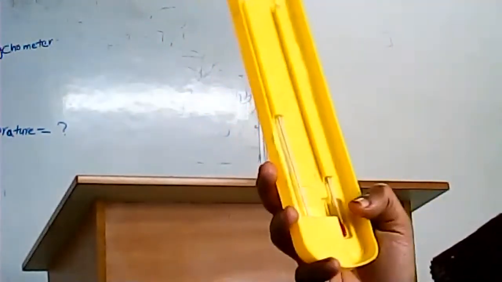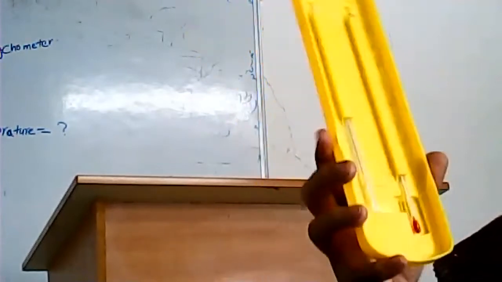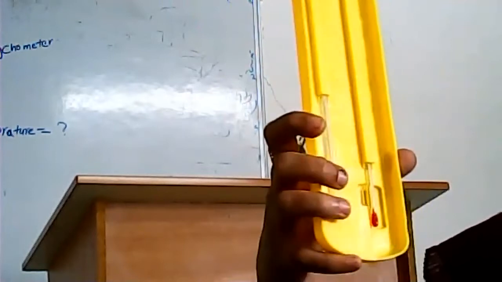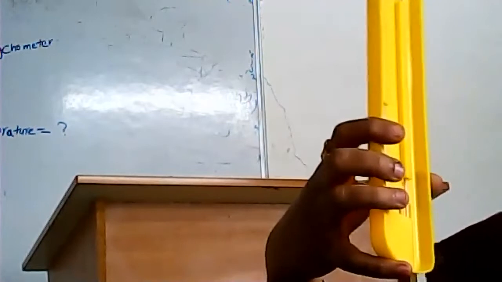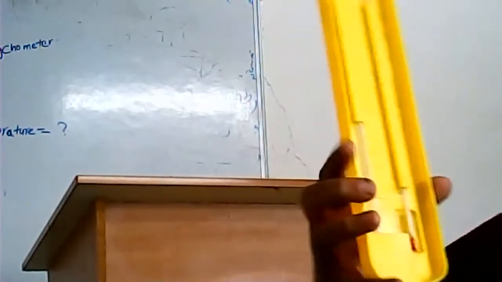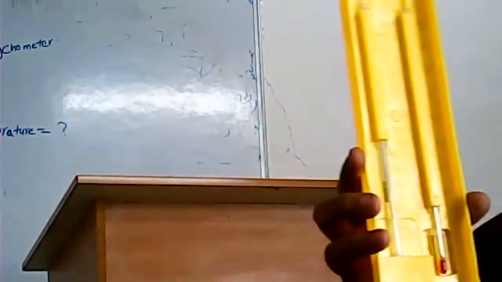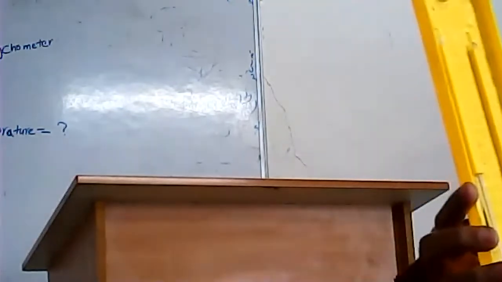If you see, this one is the dry bulb thermometer and this one is known as the wet bulb thermometer, because a cloth is attached at the bottom of the thermometer. So we can fill water into this chamber and consider this thermometer as a wet bulb thermometer. So let's start with our experiment.